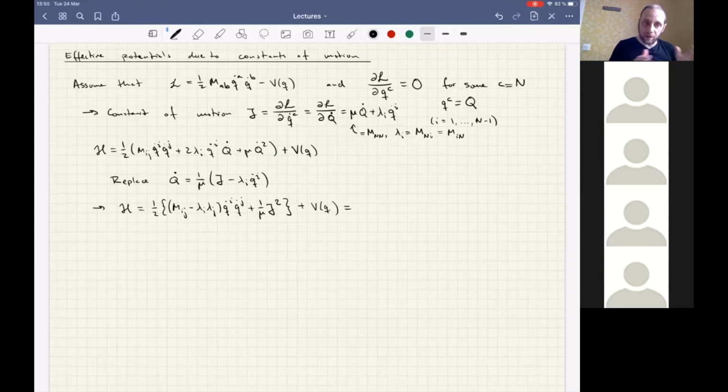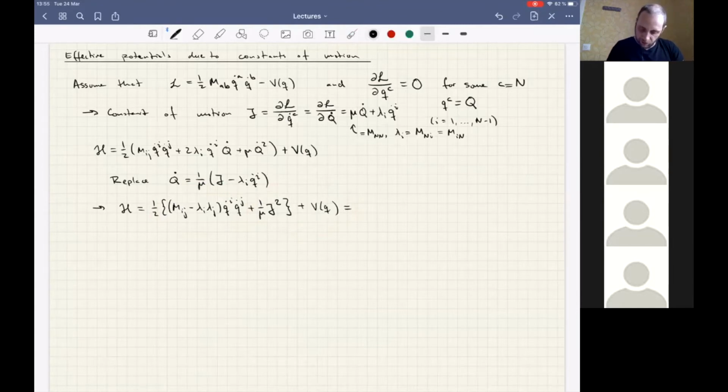And we're going to split it into the kinetic part and the potential part, just as we did before. So the kinetic part is going to be this guy, which is second order in the derivatives of Q. And then we're going to have this part, which depends only on the coordinates Q themselves.